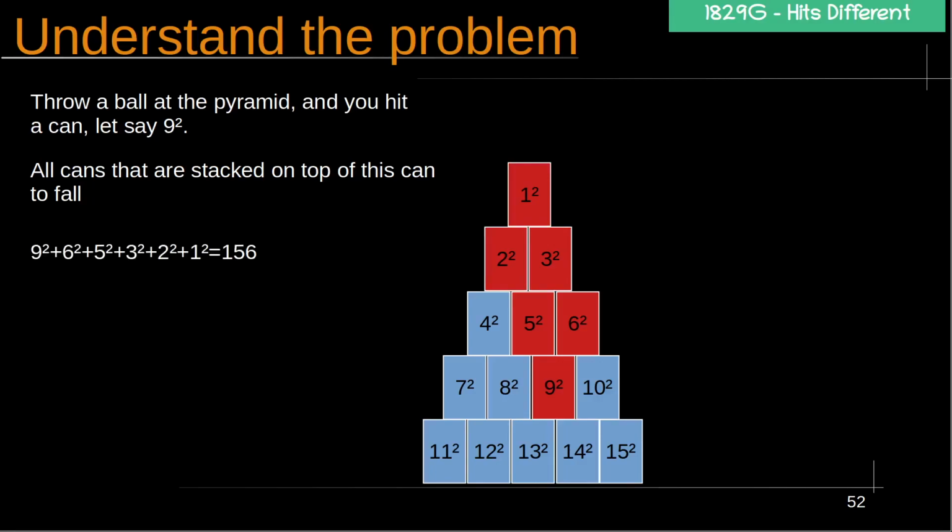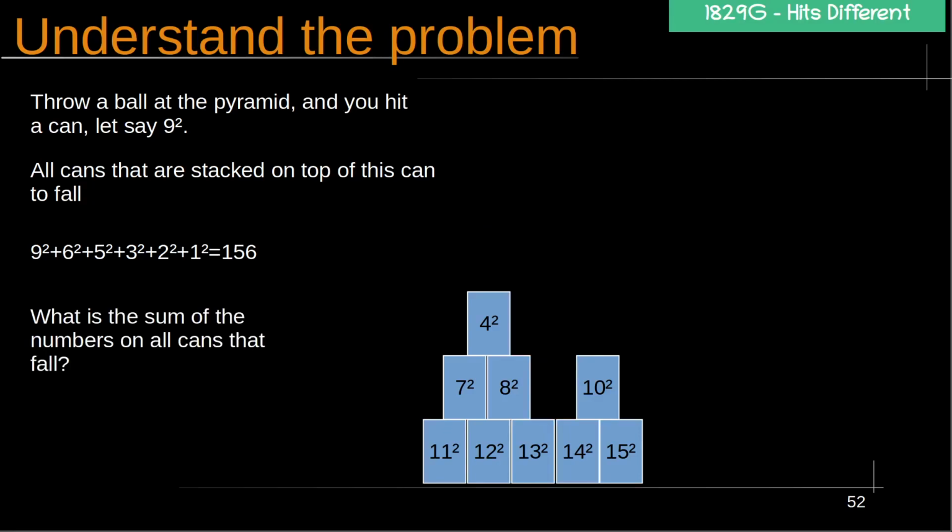So we have to compute the sum of these numbered cans, which is 156 here in the example. All these cans will fall as we have seen. So the task: we give you this pyramid and the number n, not n squared, n, hit by the ball. You have to compute the sum of all the fallen cans.